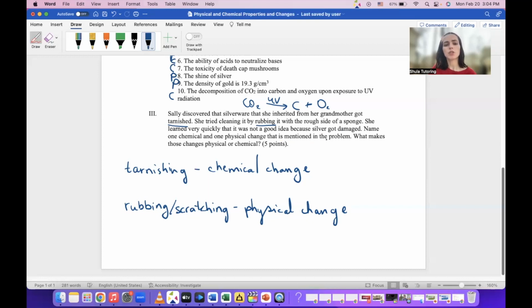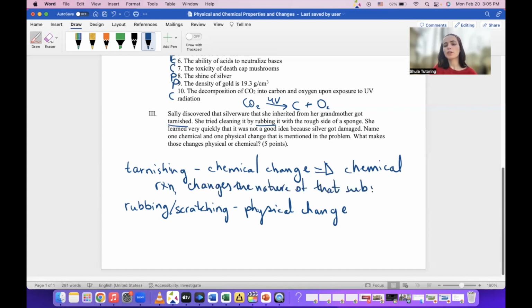So what makes those changes physical or chemical? You can say chemical reaction, or you can say changes the nature of that substance, or you can say forms a new substance. So all those answers are acceptable.